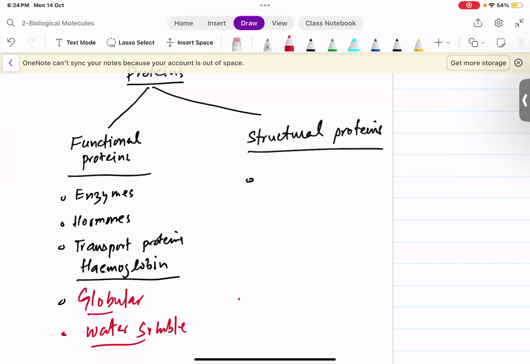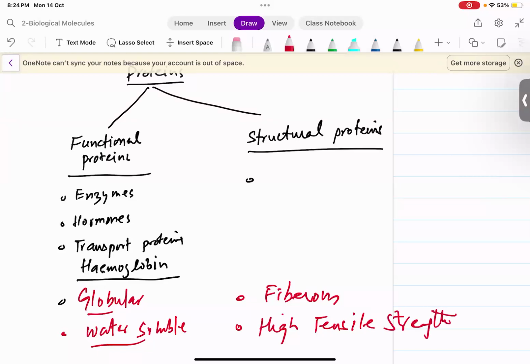Whereas structural proteins are fibrous, fiber-like, and they have high tensile strength. An example of a structural protein is collagen, which is in our syllabus. And other than collagen, we have keratin.